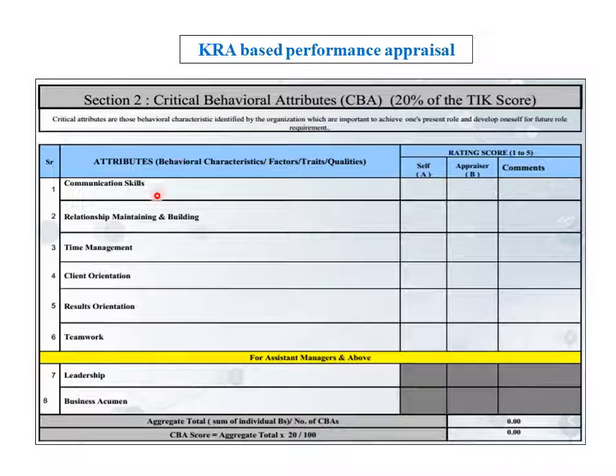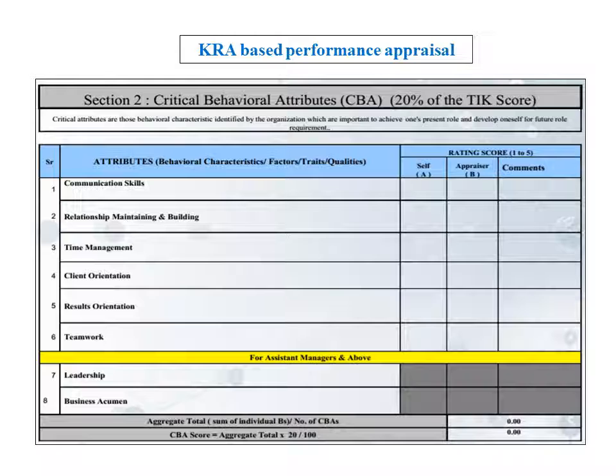Here the attributes taken are communication skill, time management, relationship, client orientation, result orientation, teamwork, leadership, and business acumen. The self rating, appraisal rating, and comments are given, and this is used for assistant manager and above. So this is the performance appraisal form.